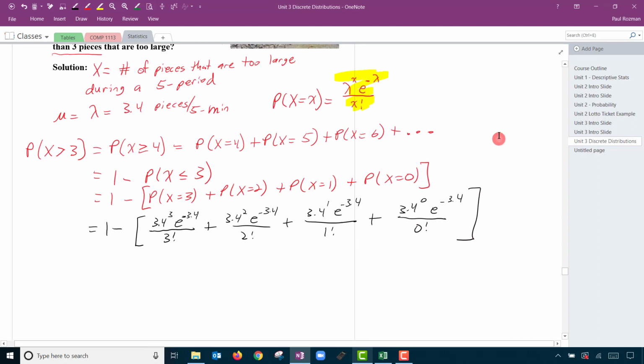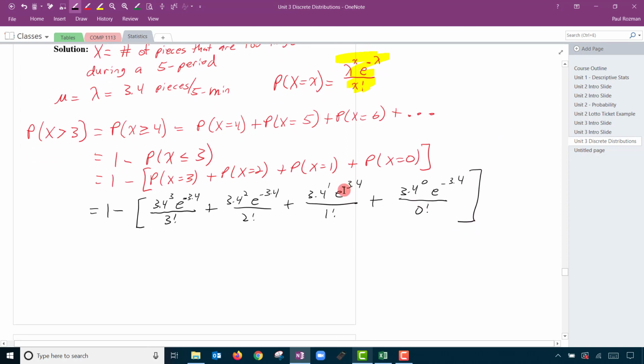Remember, 0 factorial is just 1. You'll notice that each term has e to the negative 3.4, so to speed up the calculation, you could just factor that out and then just add up the rest.